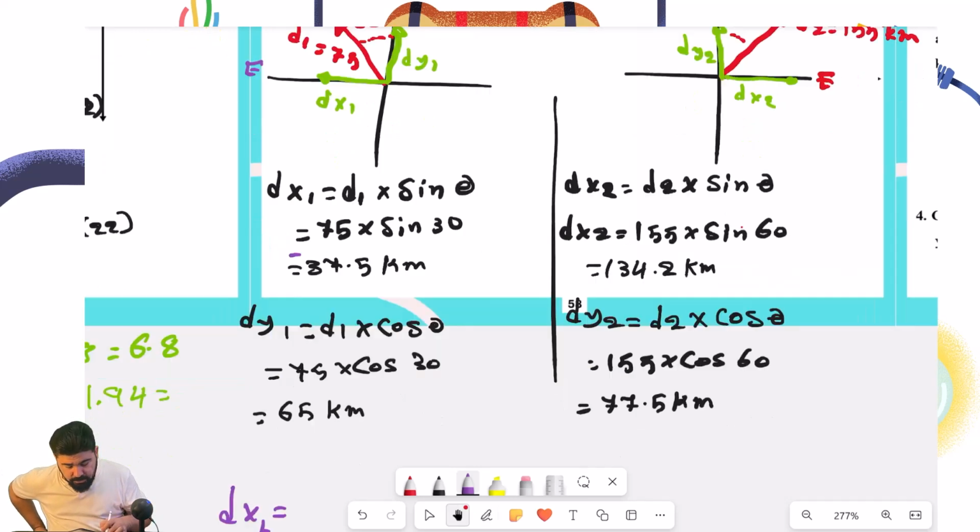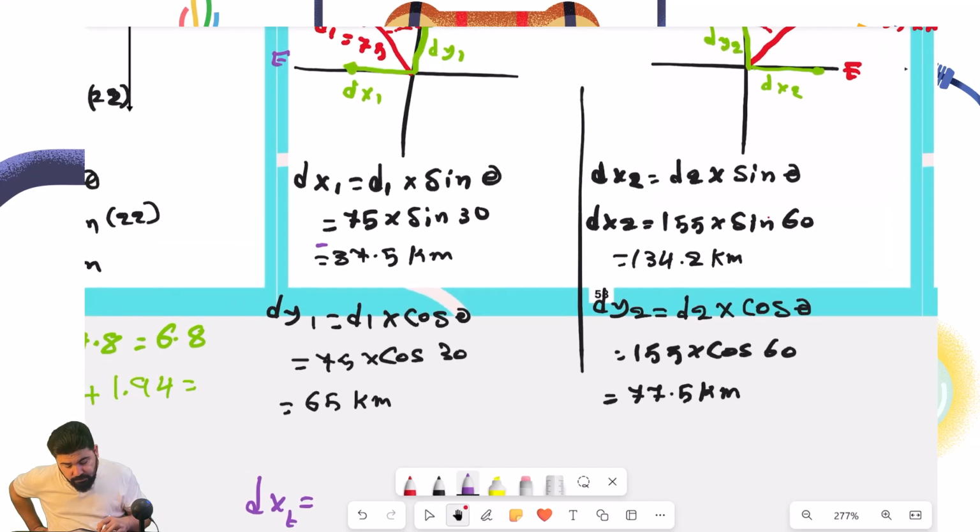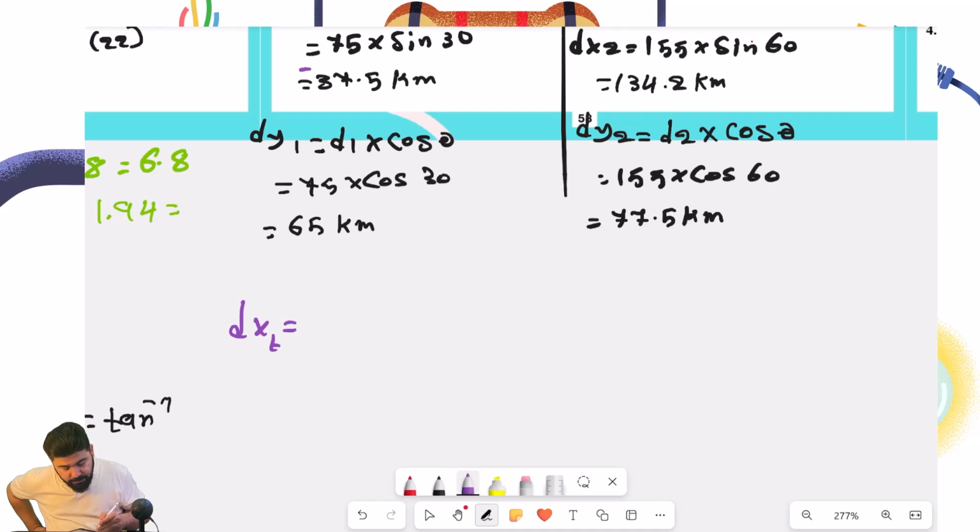Please don't forget the directions. You can add them later, it's totally fine, or you can just add them with the angle. It doesn't make any change. So dx1 is going to the left, so it's negative 37.5.